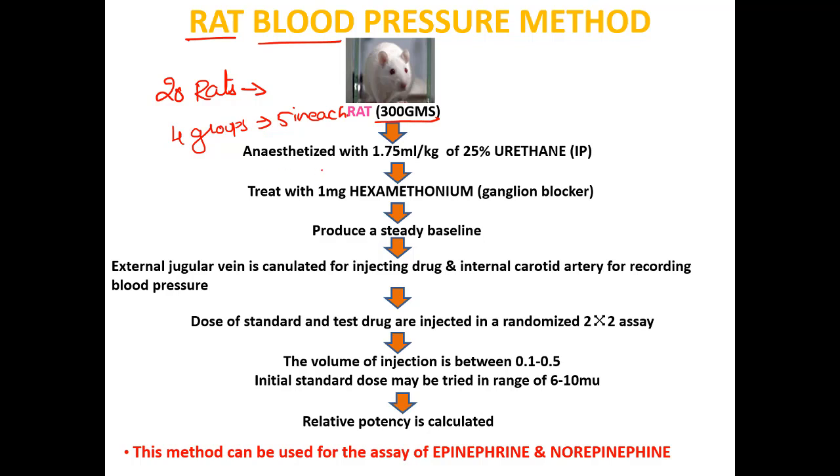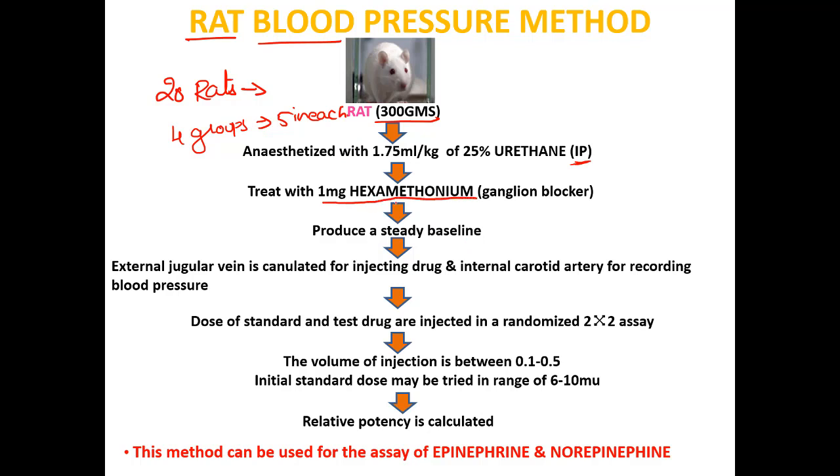First we have to anesthetize the rat with 1.75 ml per kg of 25% urethane, and we have to give this drug through IP. IP means intraperitoneal. After giving this intraperitoneal drug, we have to treat it with 1 mg of hexamethonium.